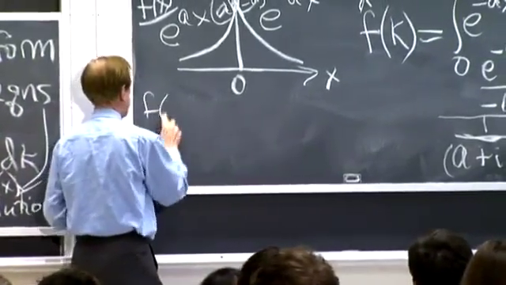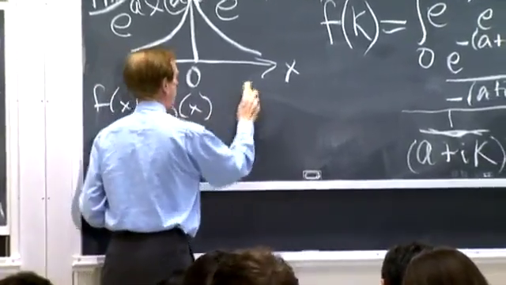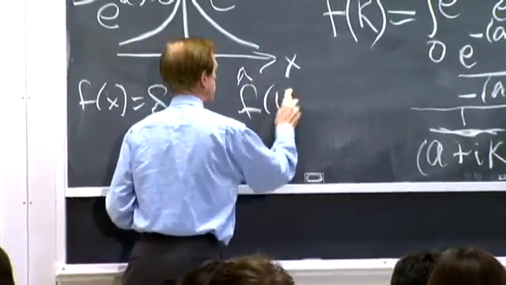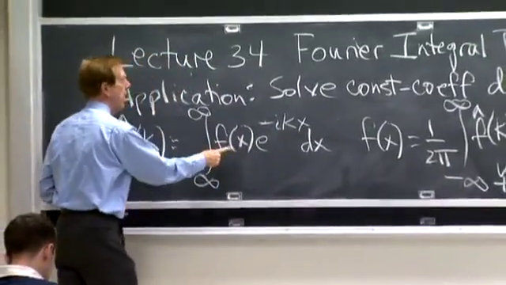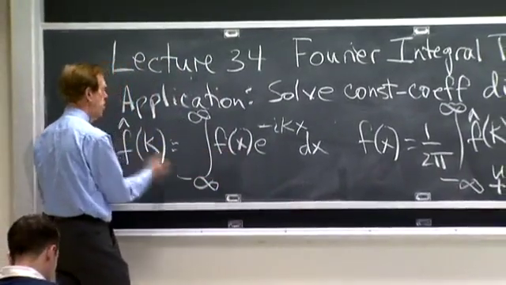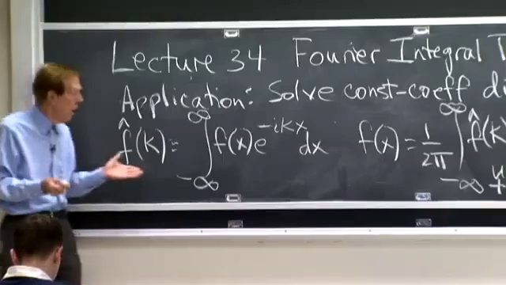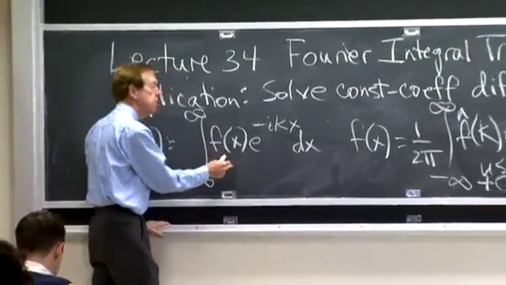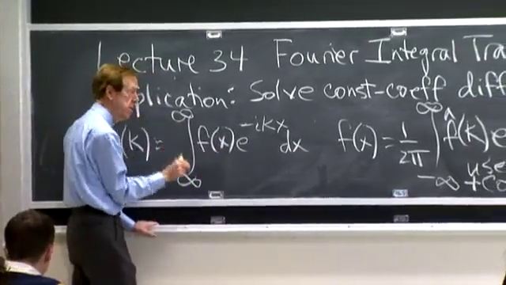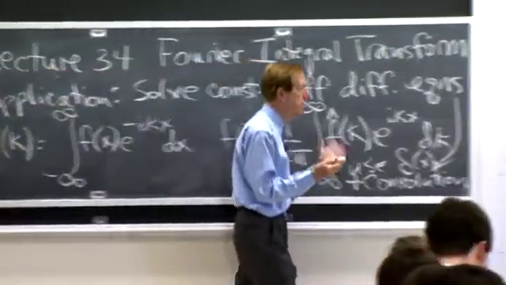Suppose f of x is the delta function. What's f hat of k? Can you just plug in f of x equal delta of x here, do that integration, and what does f hat of k come out to be? 1, because if it's a delta function at x equals 0, the spike is at x equals 0, so I plug in x equals 0, I get 1.